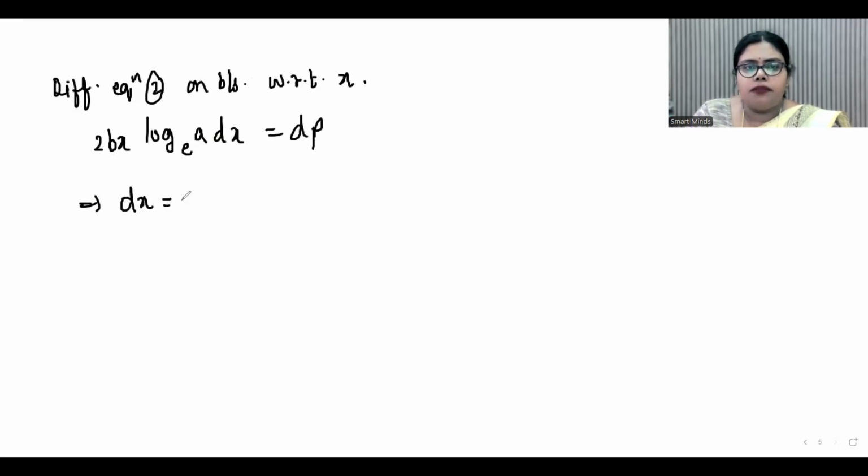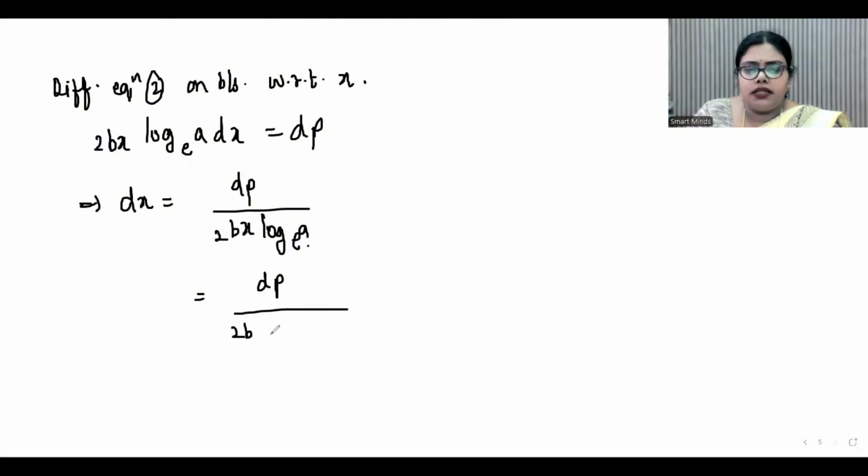So dx will become, now take this 2bx log a to the base e to the other side. You get dp by 2bx log a to the base e. So that is dp by 2b, which is a constant. In the place of x, we can write p by b log a to the base e whole power 1 by 2 into log a to the base e.